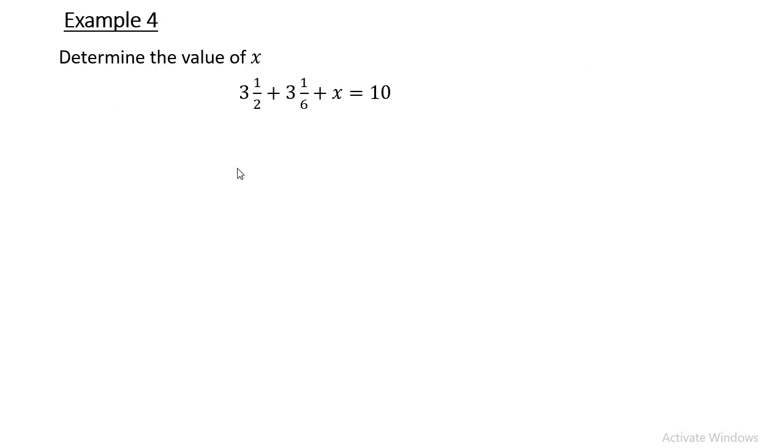Okay, so last question. It says determine the value of x. So it's kind of like an equation question, but we just keep going as normal. We change everything to improper fractions. So let's write down the question first of all.